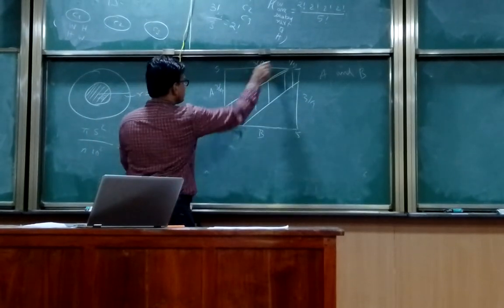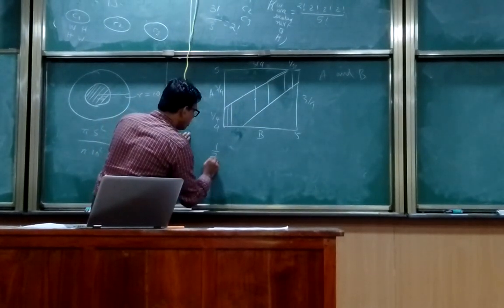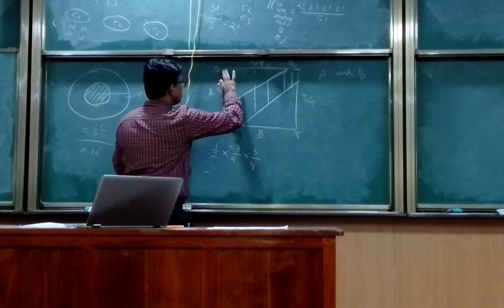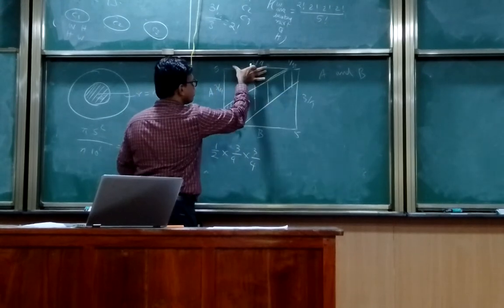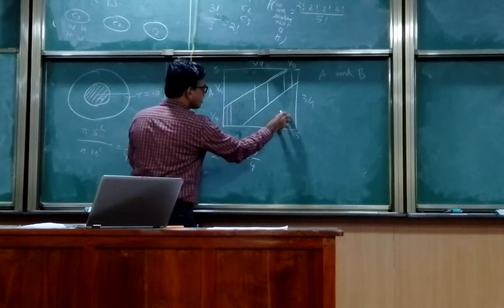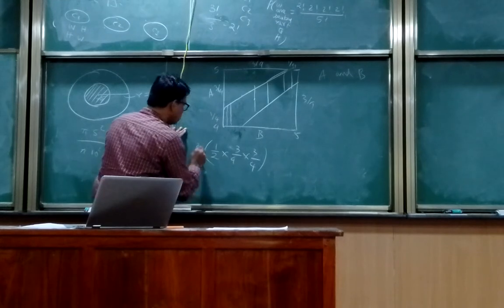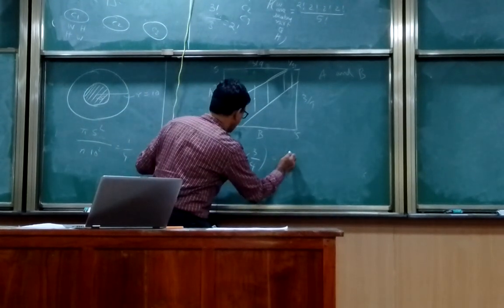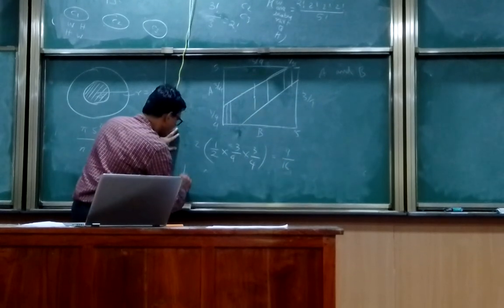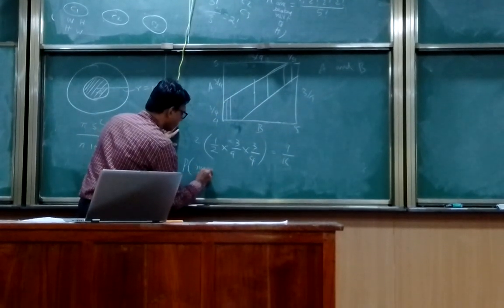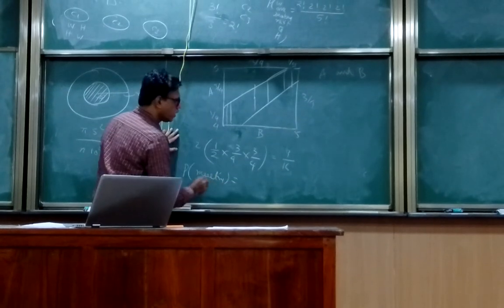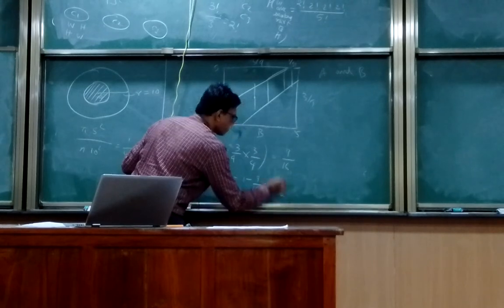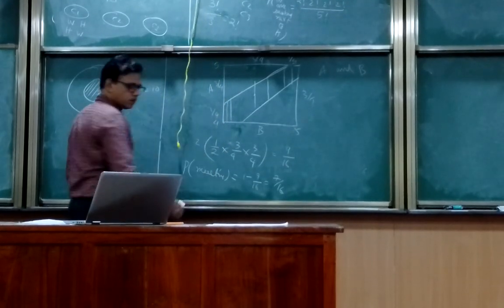So the area of one is 1/2 into 3/4 into 3/4, and there are two such triangles, so into 2. This is the region outside, which is equal to 9/16. So the probability of meeting is equal to 1 minus 9/16, which is 7/16. Okay, fine. So we will stop.